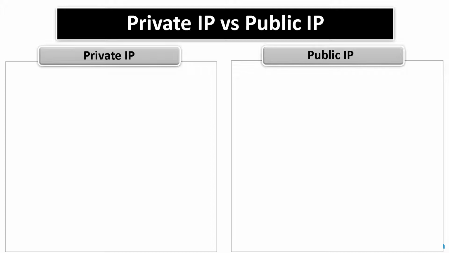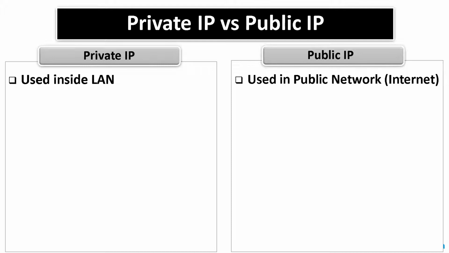This slide will compare private IP and public IP addresses. The first and foremost difference between both is that private IP is used within the LAN. On the other hand, public IP is used for communication over a public network, that is, the internet. Private IP is assigned by the LAN administrator of the customer.